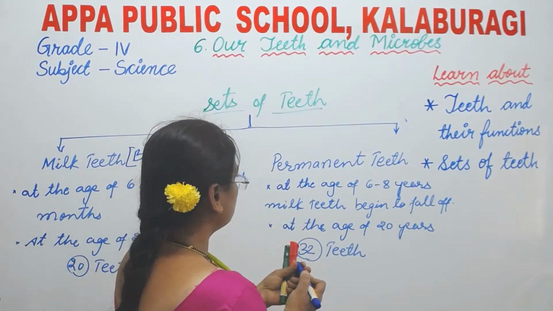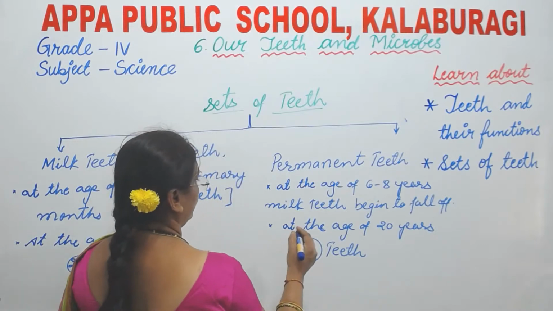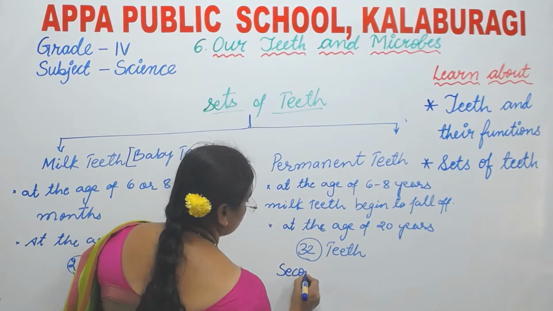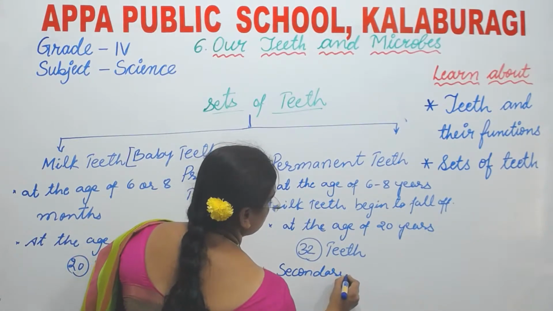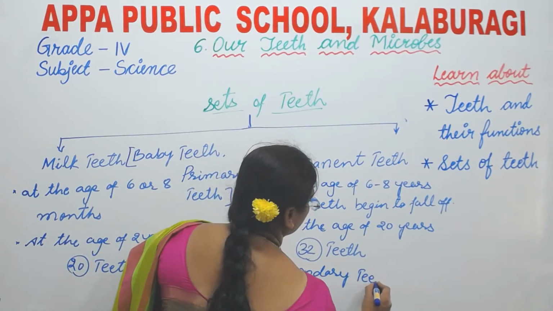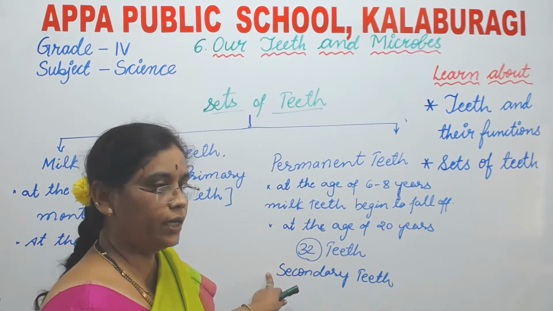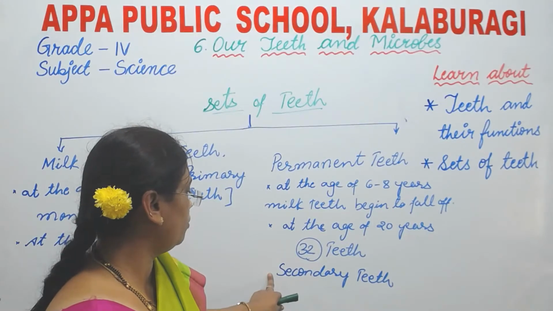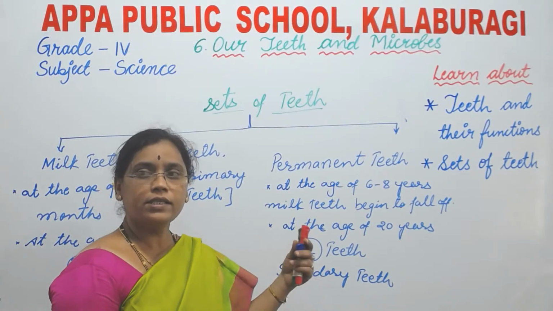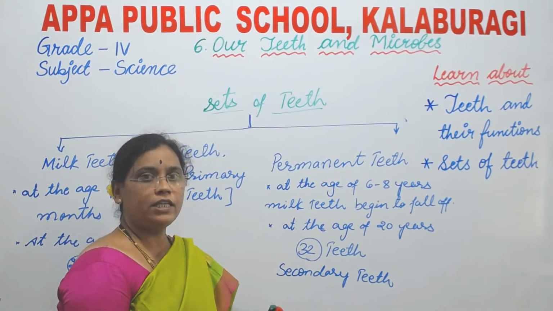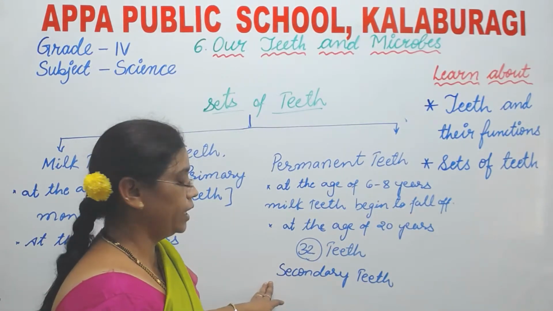They are also called secondary teeth. Why are they called so? Because we are getting them for the second time in our life. So that's why they are called secondary teeth.